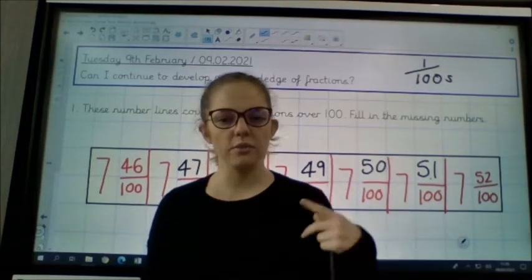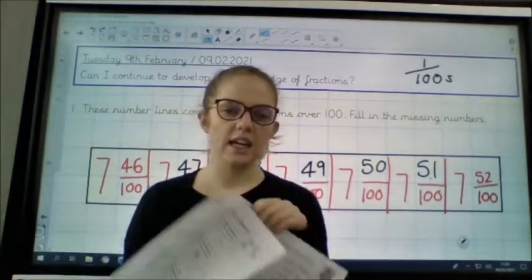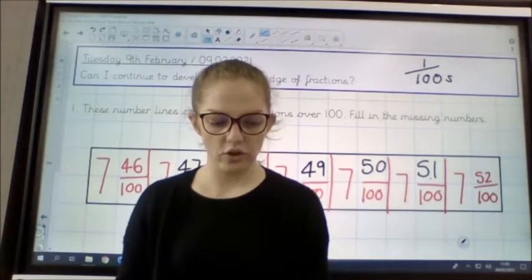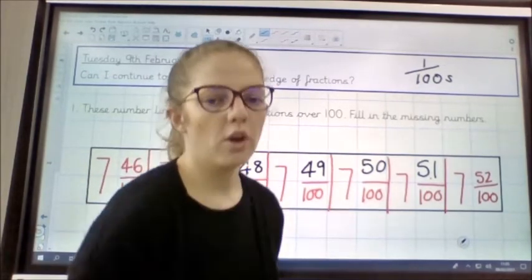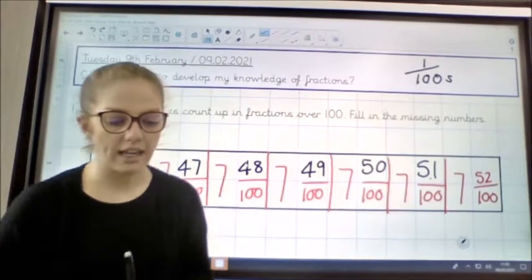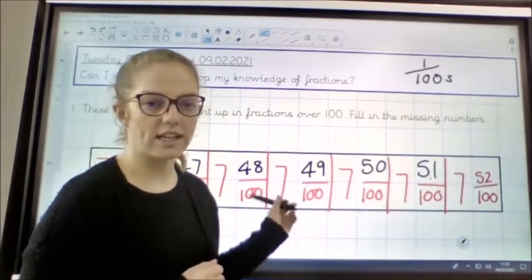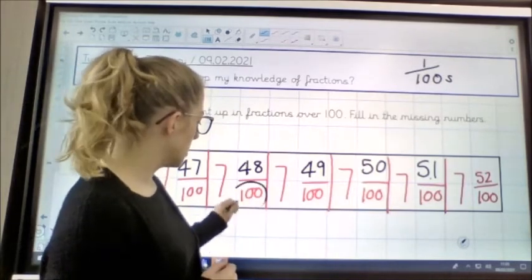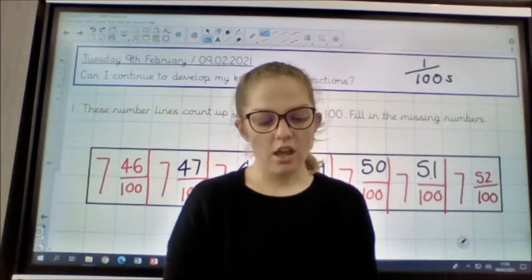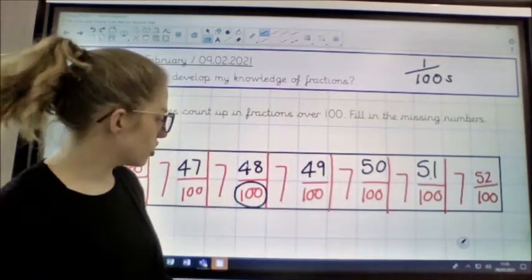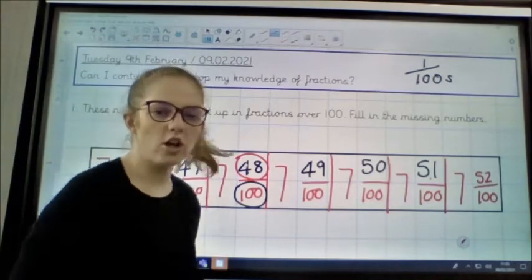Now that we've had a go with them together, I want you to have a go at finishing the rest of the questions for yourself. Before I move on, I just want to show you what's happened here. Our denominator, which is the bottom number, the one that is 100, has stayed the same. The number that has changed is our numerator.